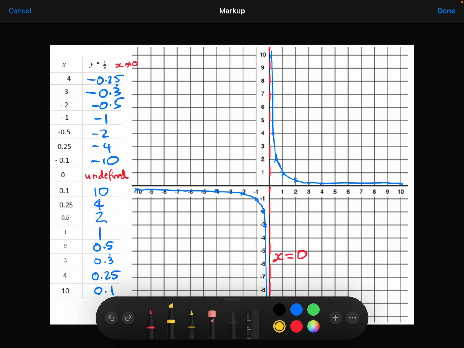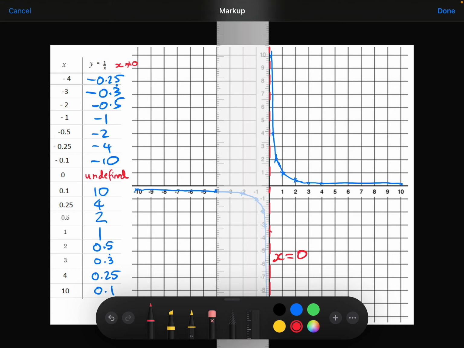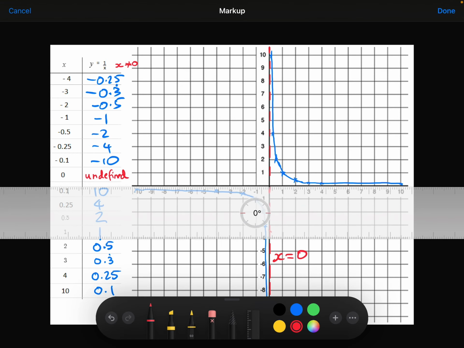Now, x equals 0 is the vertical asymptote for this graph. There is also a horizontal asymptote that I'm going to mark on here, and the equation of this asymptote is y equals 0.